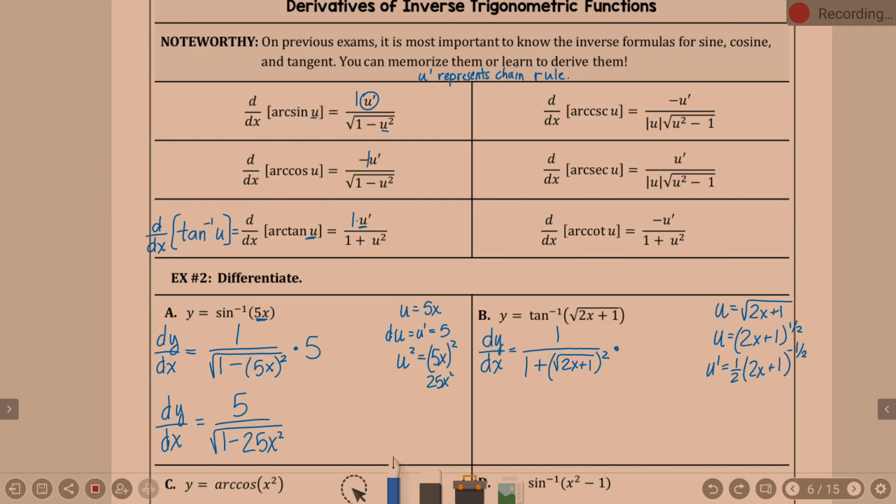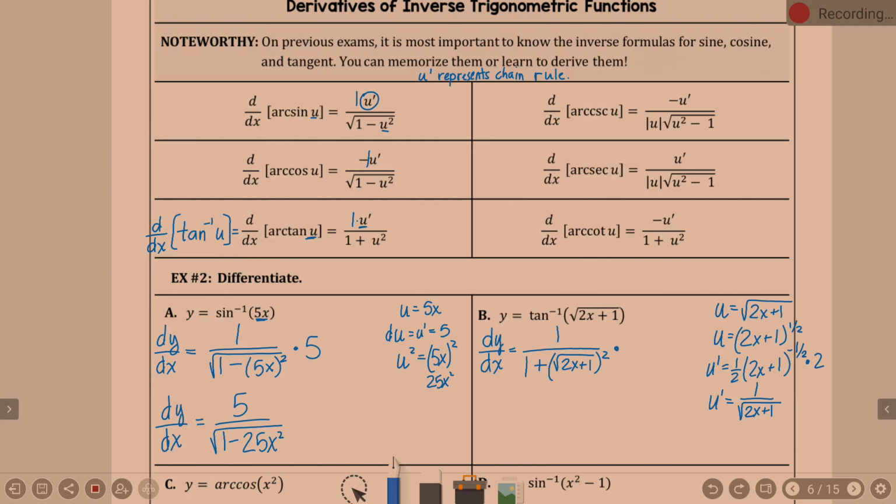Times 2. Good. Why do you do times 2? Because you got to do the inside of that. Help chain rule. Now, what's the nice part? 1/2 and 2 cancel. So this is really just 2x plus 1 to the negative 1/2, or 1 over the square root of 2x plus 1, if you will.